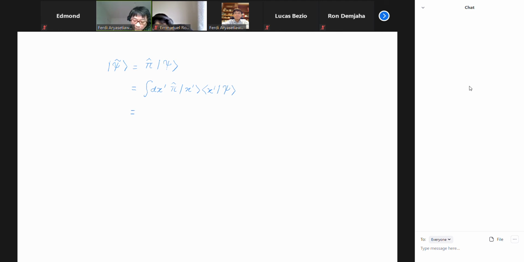So that gives me minus x prime, but I can just make a change of variable from x prime to minus x, and get the same integral here. I can call it y if you like.